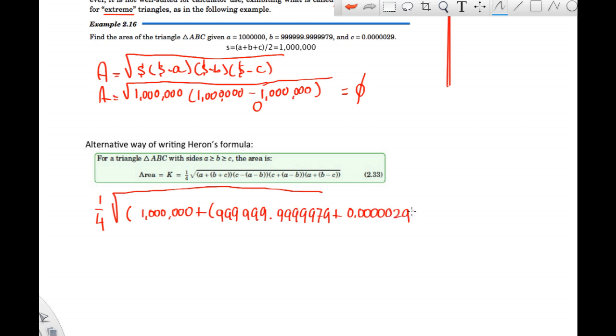I just want you to see the first one, and then I need to close that bracket, and then I'm going to do this again. The next one says C minus A minus B, and then you keep going with that formula. That will give you a new area, and I'll let you do that on your own, see what you can get.